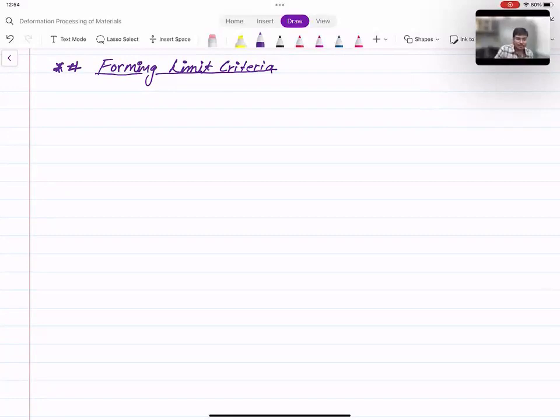Okay, so let me draw the diagram first. Suppose, let me take the shape for better understanding.